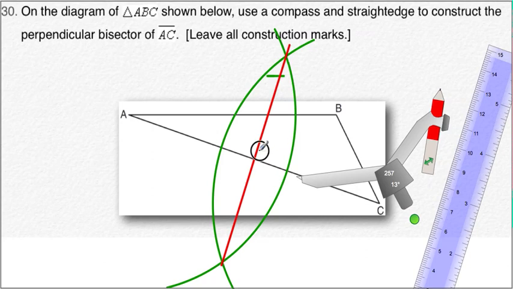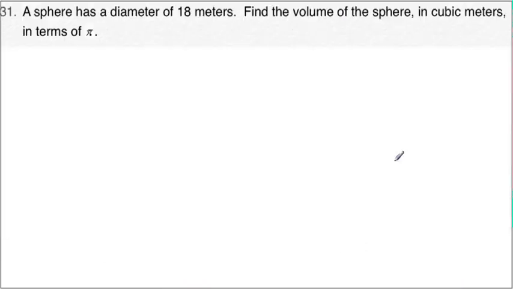So there it goes. This becomes a perpendicular and also bisector. Alright, let's move on to the next question.